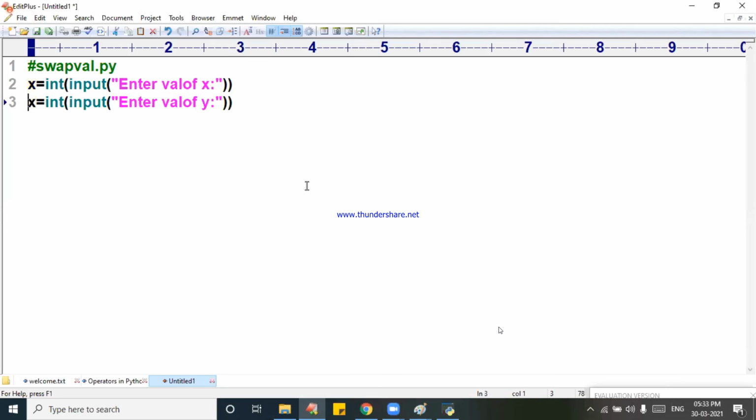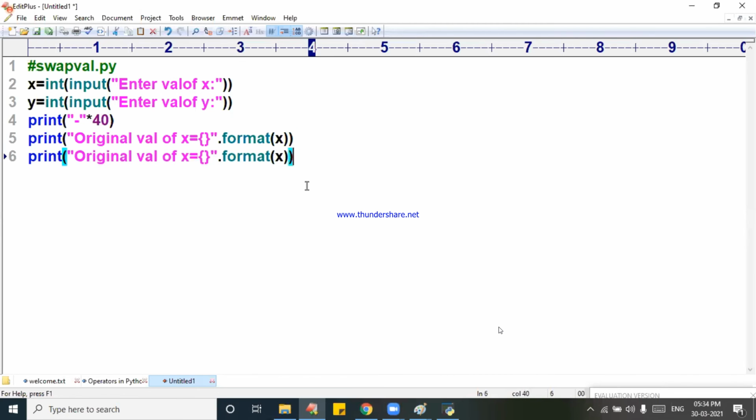Generally we already did this in our previous level. Now I am writing print original value of x, dot format of x, and original value of y, format of y.